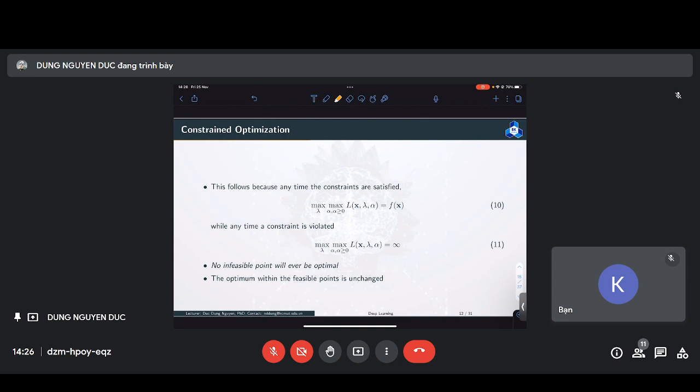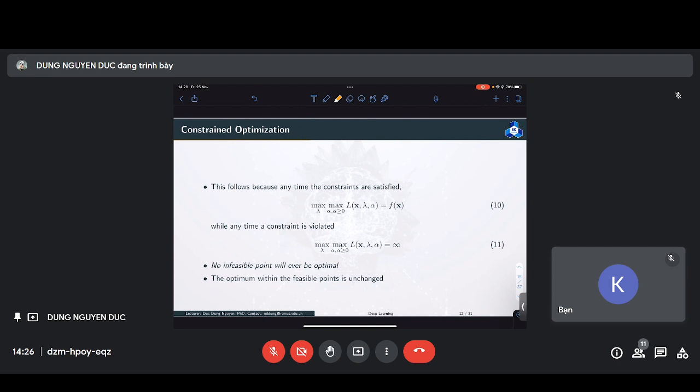So that's about constraint optimizations. I think there's no more we can discuss, because this one is so simple, as you can see. The point is you can use constraint optimization like this to penalize some parameters or put some constraint on the parameters.